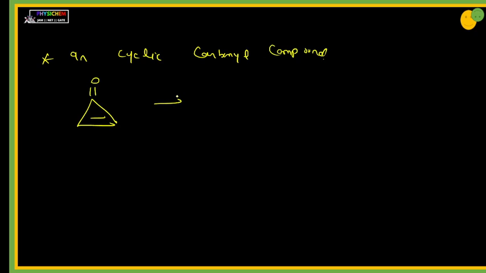Okay, so now we will discuss the second type, cyclic carbonyl compounds. It is very easy, this type. So this is a highly electronegative atom, so oxygen contains a minus charge and this contains a positive charge. This is an aromatic compound, okay, so a highly stable form.